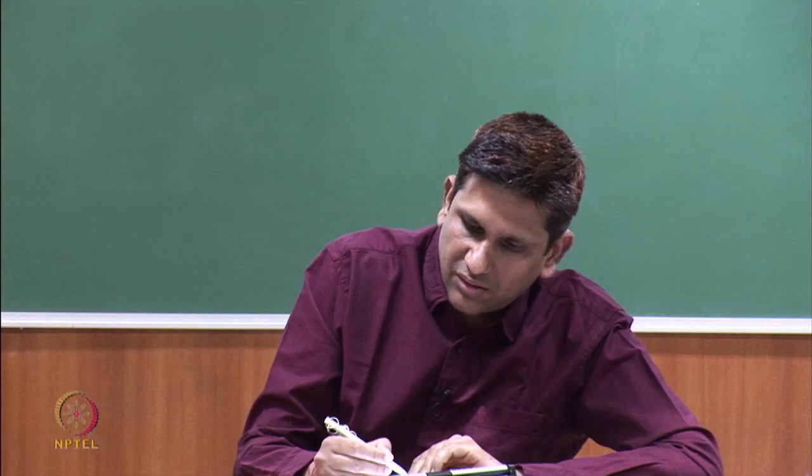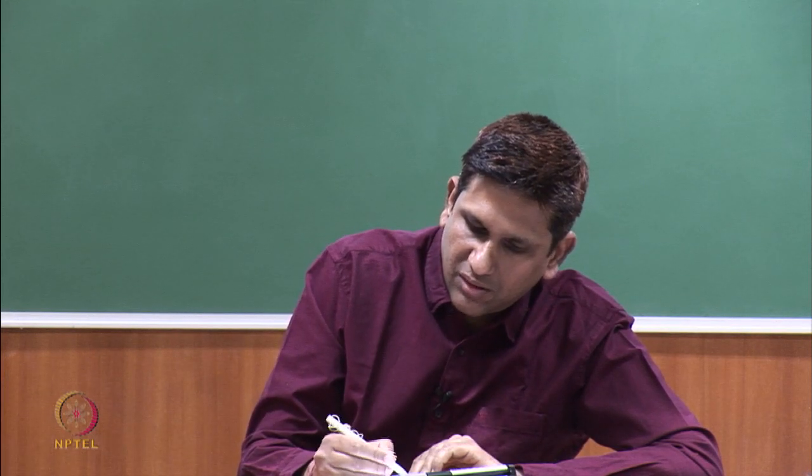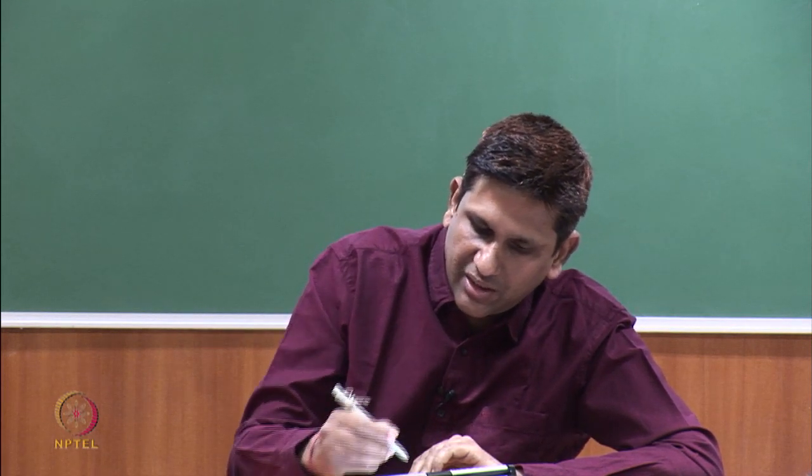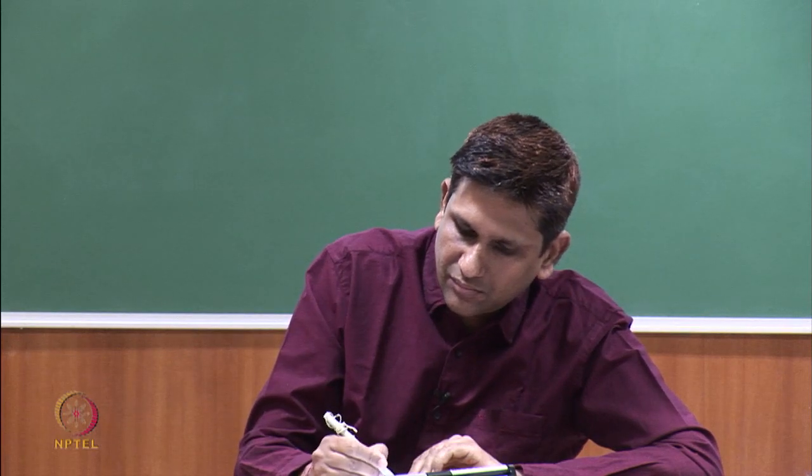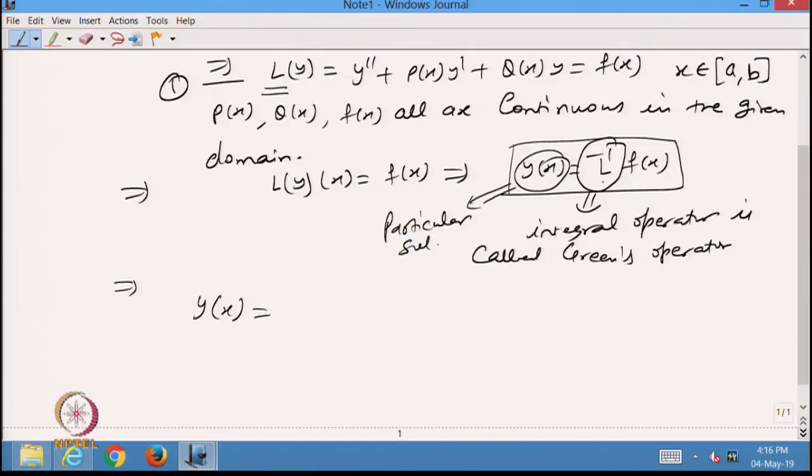So my solution is y(x). This operator we define like this: g of x and xi, times f of xi d xi, where xi goes from a to b.